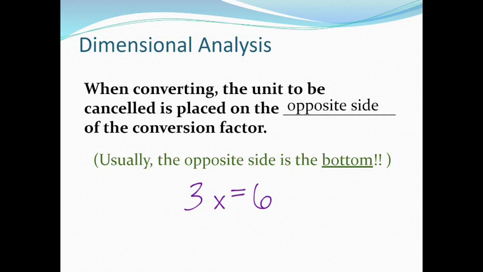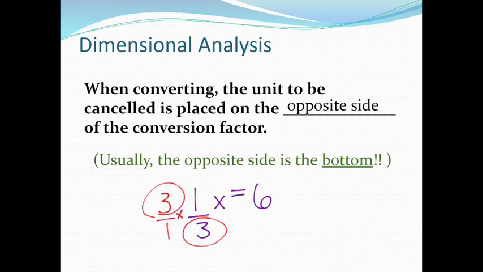But even if this looked a little different, let's say this was 1/3 x equals 6, well, to cancel out the 1/3, we would be multiplying by 3. Really multiplying, like that's technically a fraction. The 3 is on top of this fraction that we're multiplying by because we already had a 3 on the bottom.